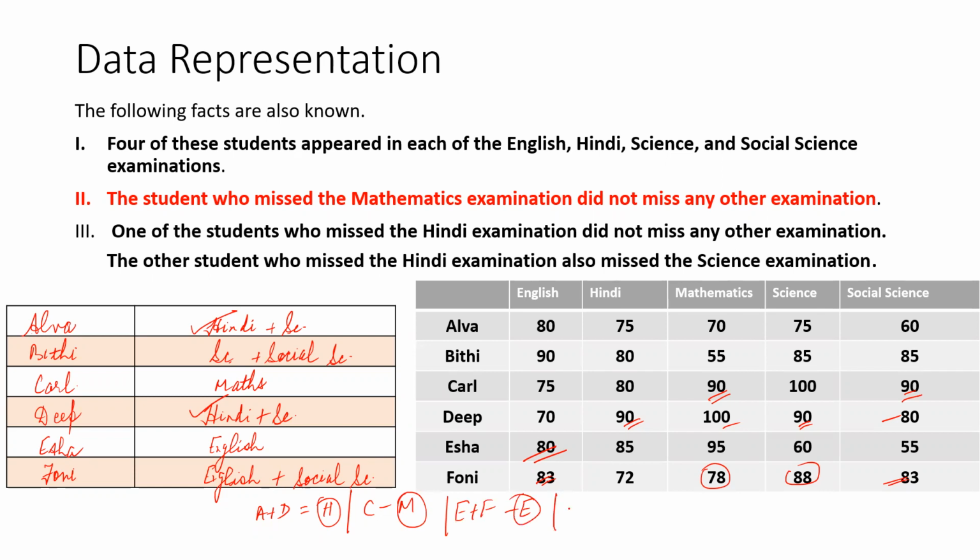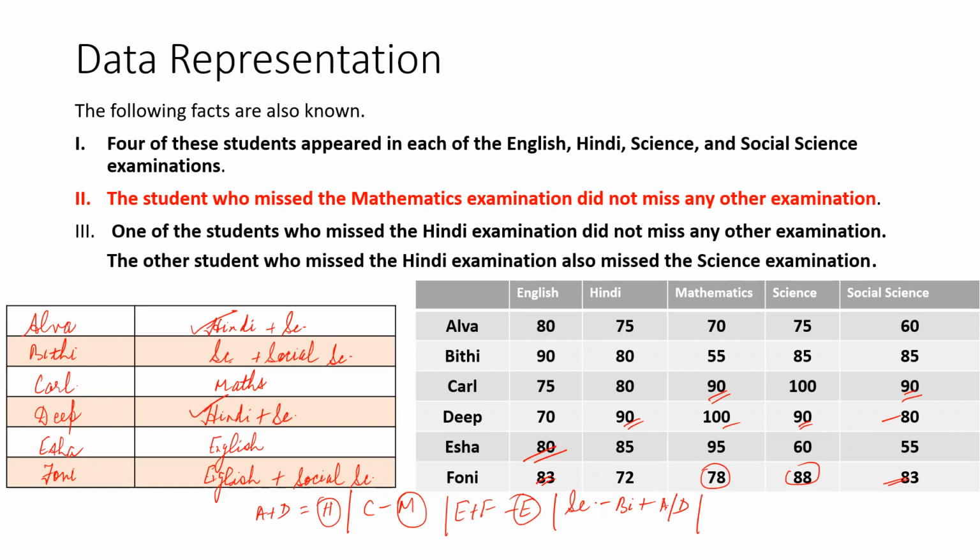Then science, if I have to take into consideration, science could be Bitti plus one more. Now, one of the students who missed Hindi did not miss any of the other examinations. The other who missed Hindi also missed the science examination. Now, it could be one of Alva or Deep.